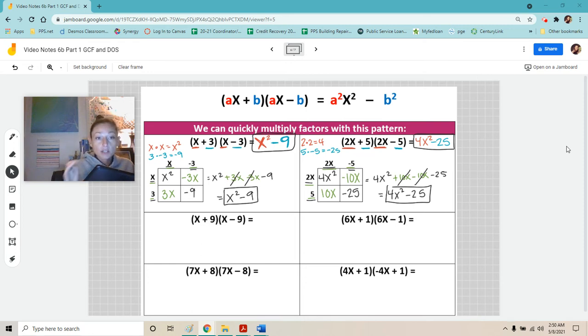All right, now we're going to try it without using a box and diamond. Again, what I'm looking at is the first part times the first part. x times x is x squared. And then it's going to be the last part times the last part. 9 times negative 9 is negative 81.